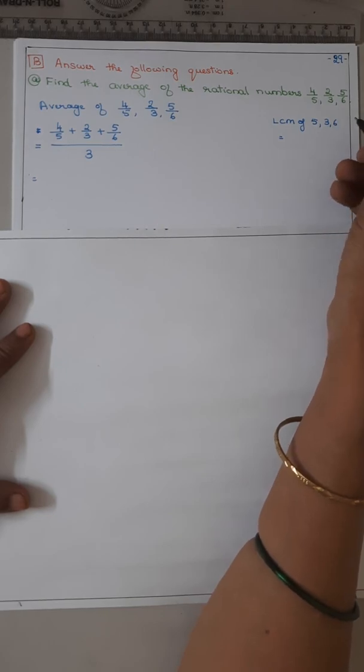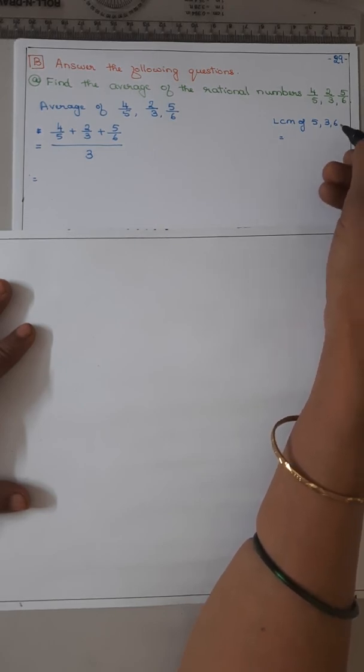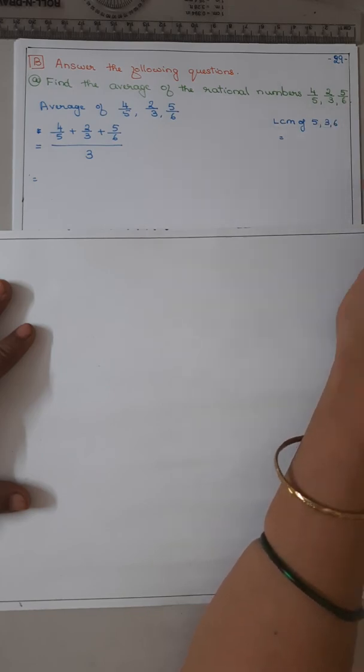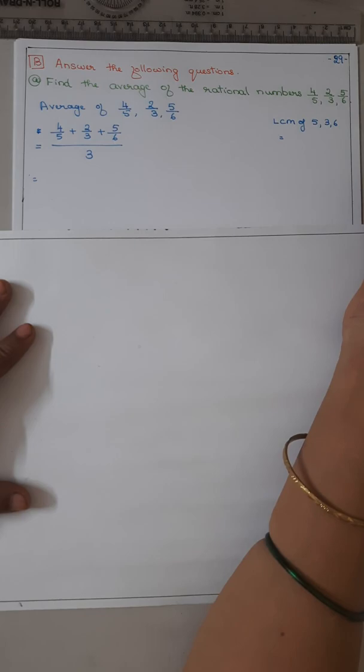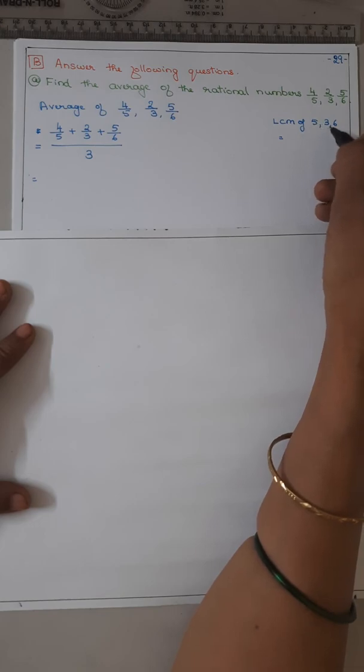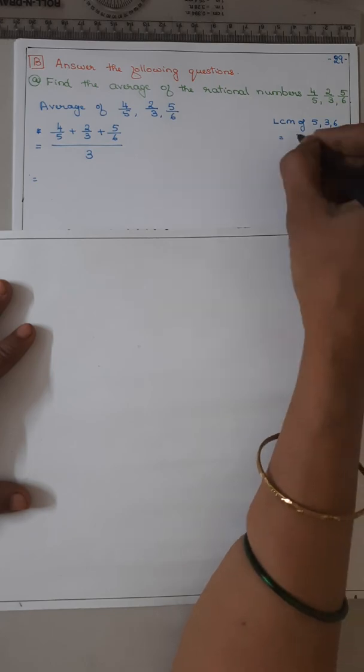Say the table of 6, and check whether its multiples are multiples of 5 and 3 or not. 6 1s are 6, it's not there. 6 2s are 12, no. 6 3s are 18, no. 6 4s are 24, no. 6 5s are 30.